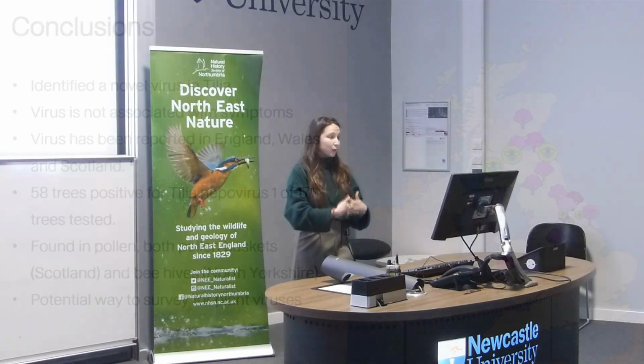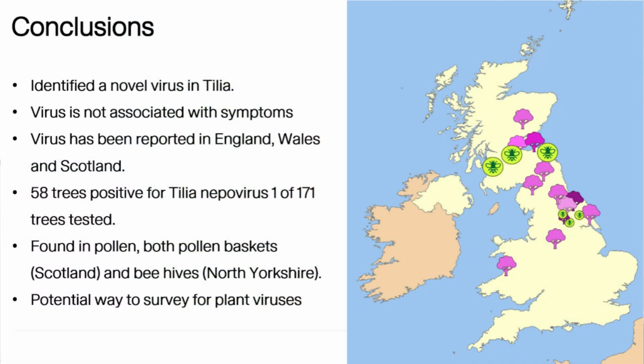So, to conclude this work, we initially identified this novel virus in Tilia. We have shown that it's not associated with symptoms. Through our sampling of trees across the UK, we've shown that this virus is present in Wales, across North England and Scotland.